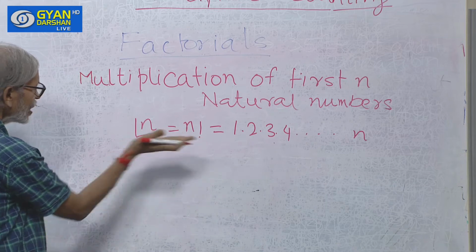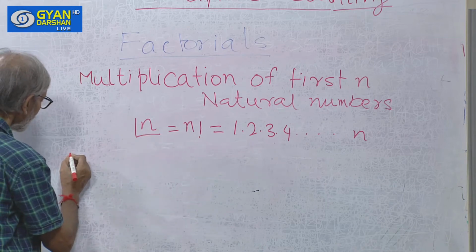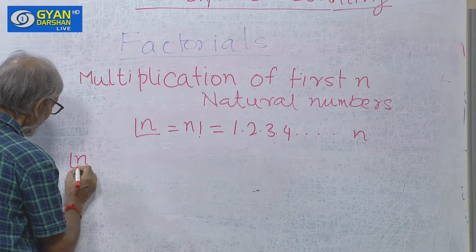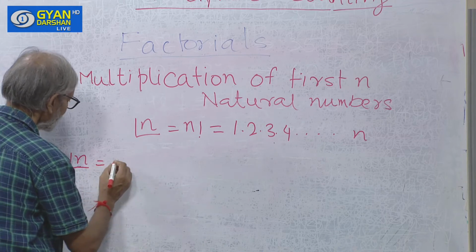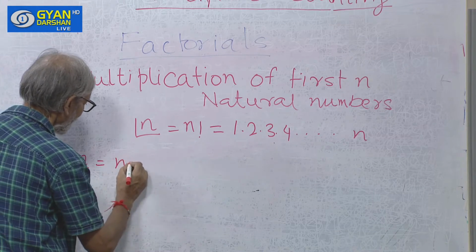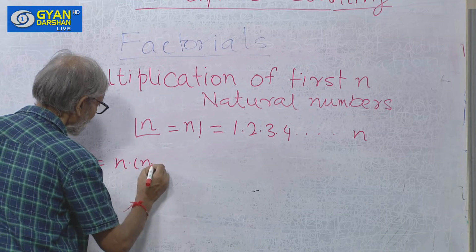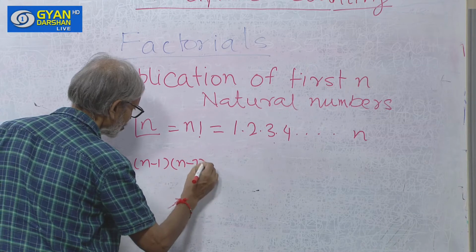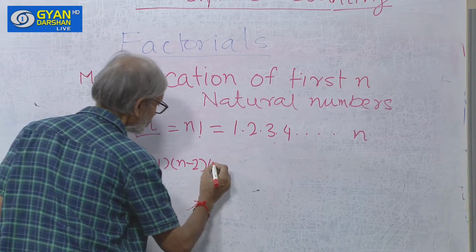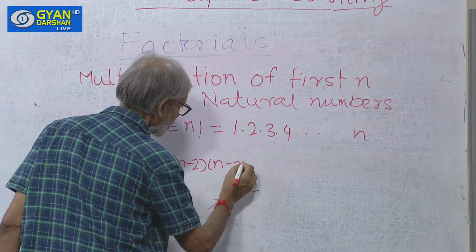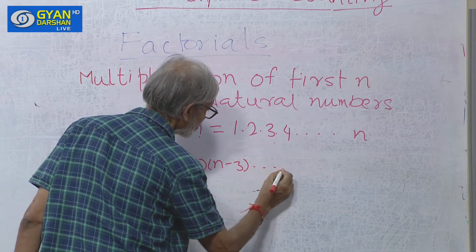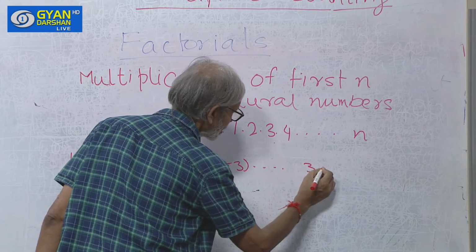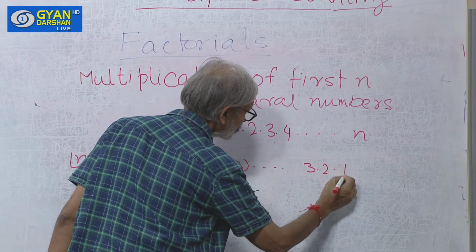So, let us write it in the reverse order. It is written n into n minus 1 into n minus 2 into n minus 3, 3, 2, 1.